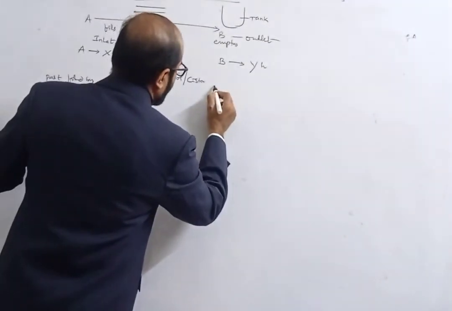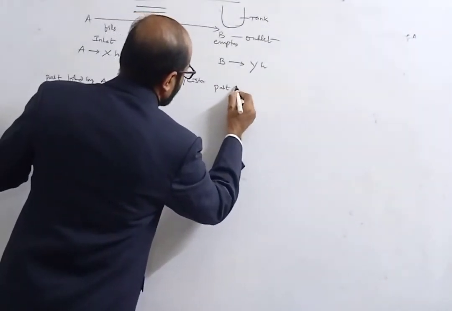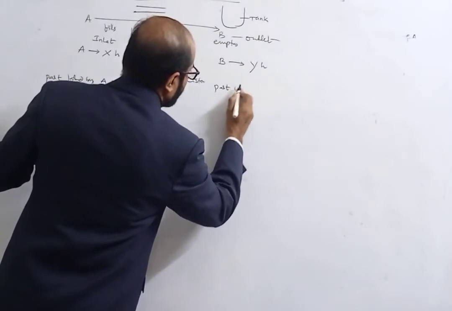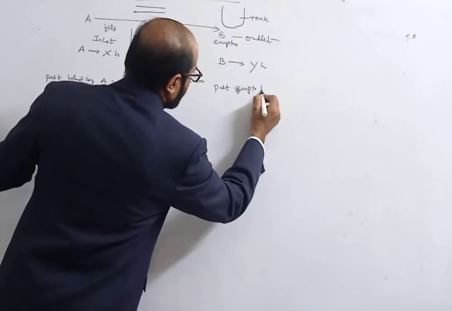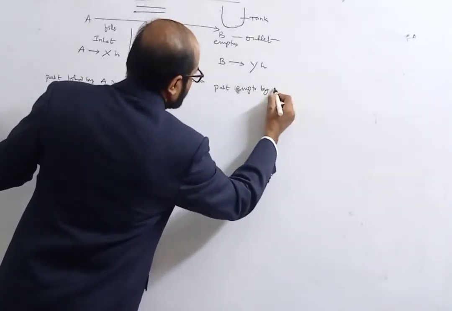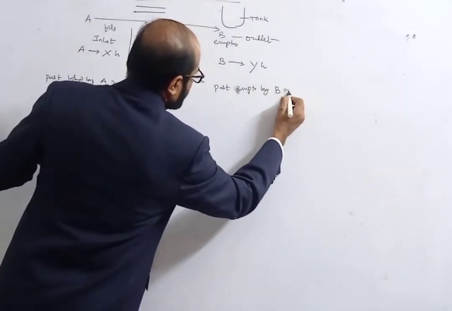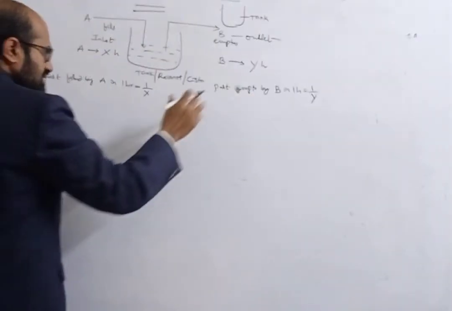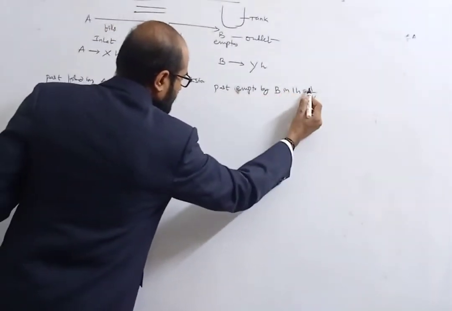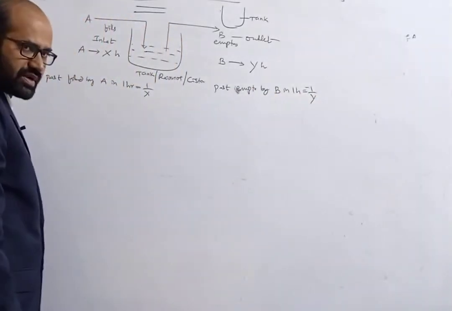Similarly, the part emptied by the pipe B in 1 hour is 1 by Y. Since it is emptying, we will take a negative sign, that is minus 1 by Y.